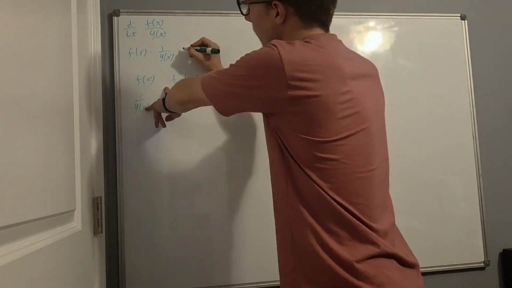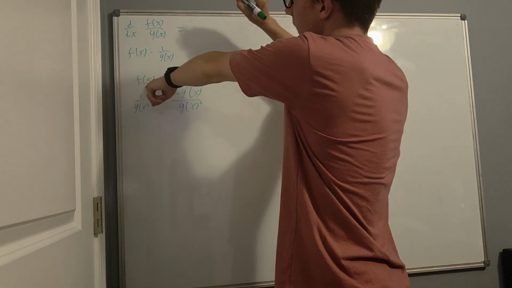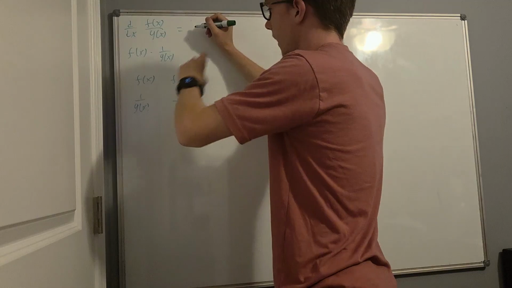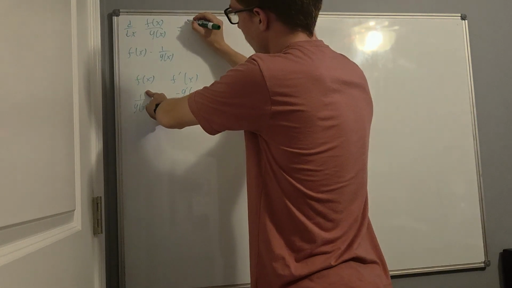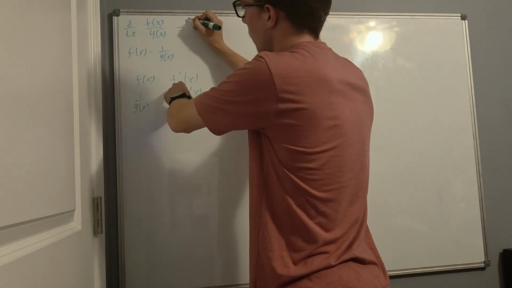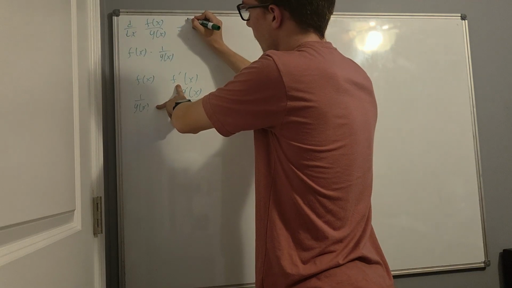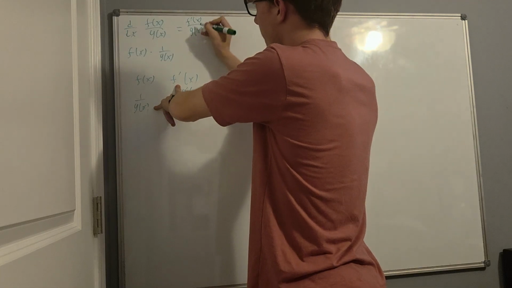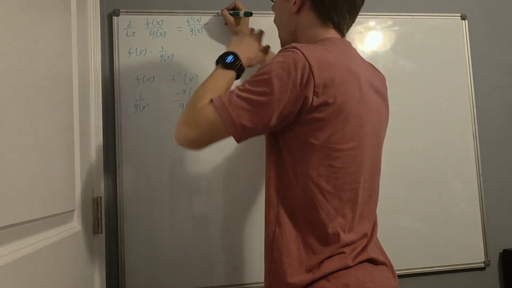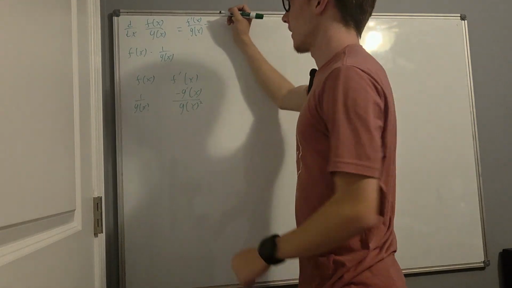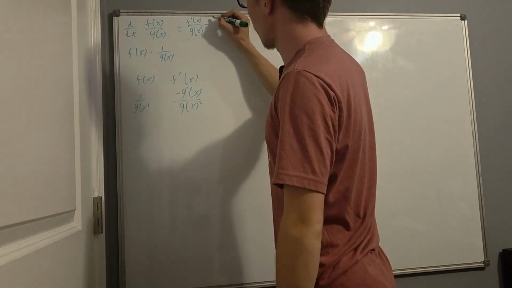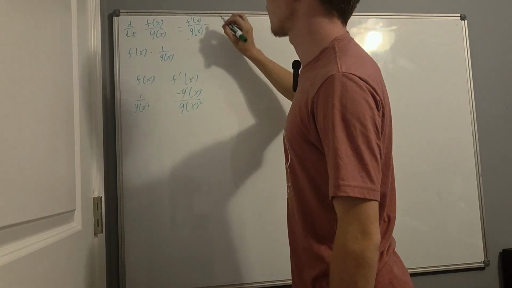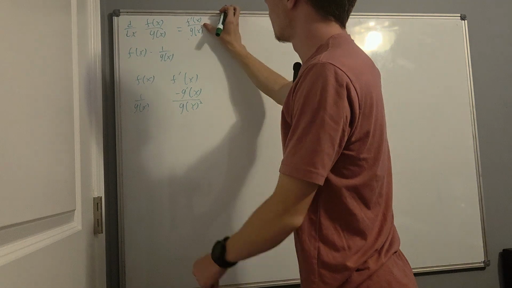Now product rule this together. We get f prime of x over g of x minus, I haven't actually written this out, I see where this is going, this is going to work. F of x, and I did the minus because normally it would be plus, but I have a subtraction there.